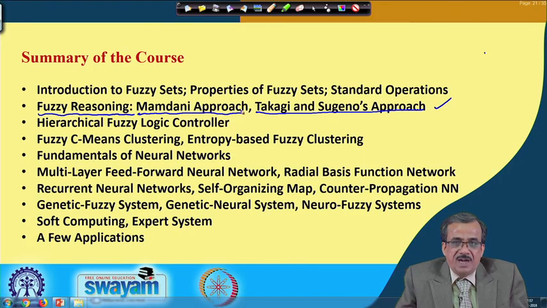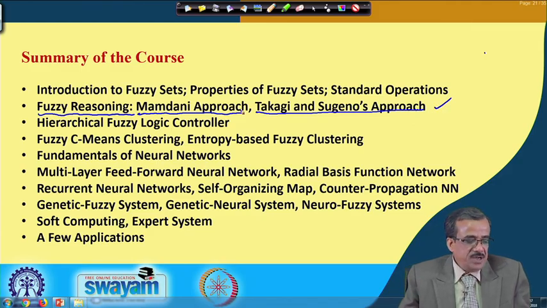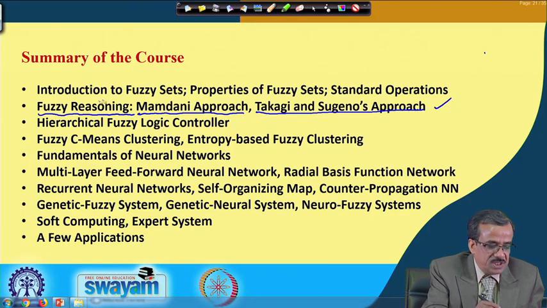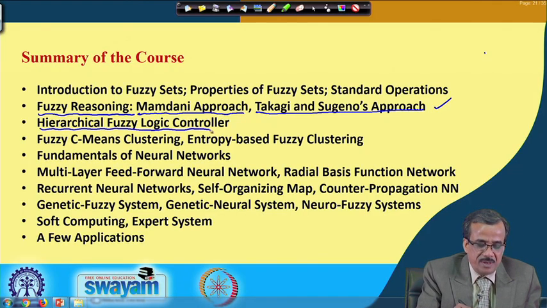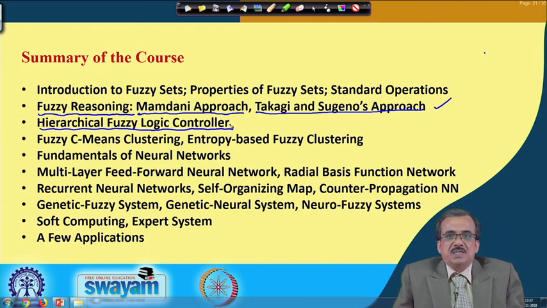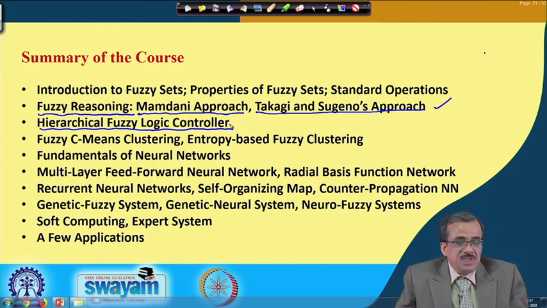So, for a large number of variables, and if I use more linguistic terms, the complexity of the fuzzy reasoning tool is going to increase, and to overcome that, the concept of the hierarchical fuzzy logic controller has come, and we discussed its principle. By using the hierarchical fuzzy logic controller, we can reduce the number of rules.